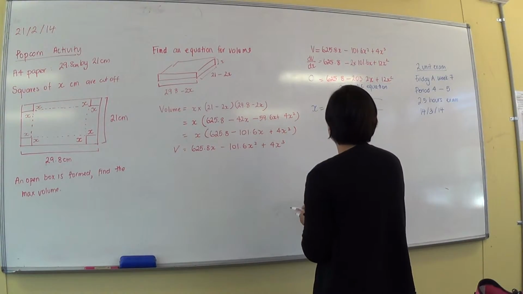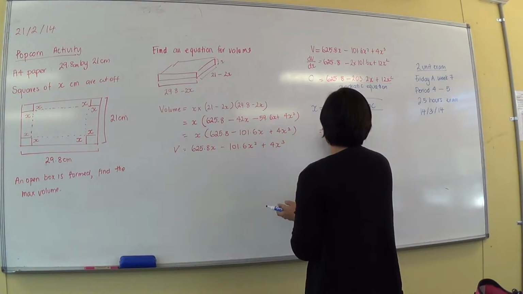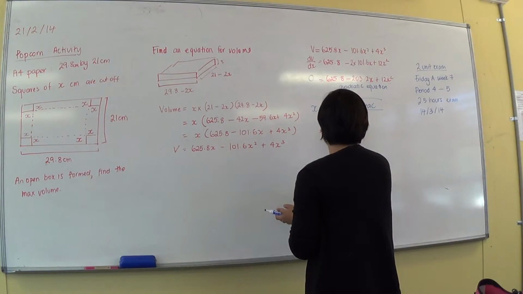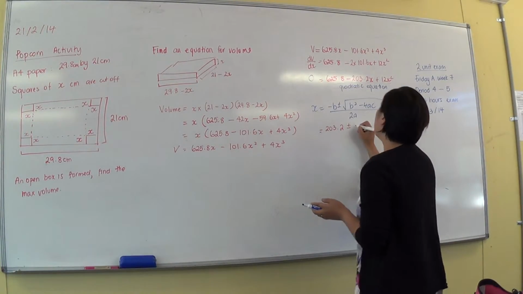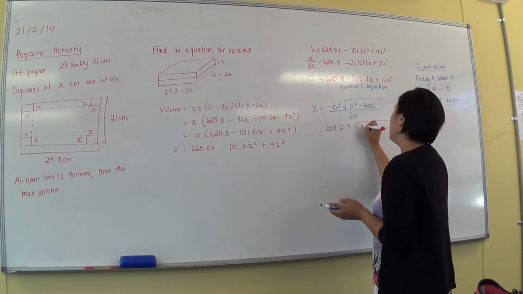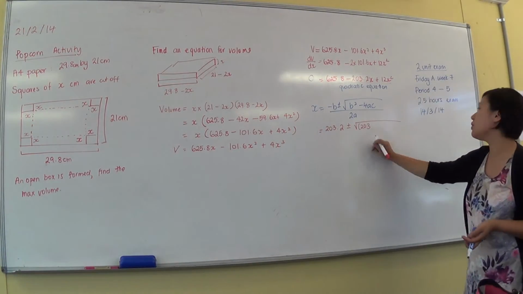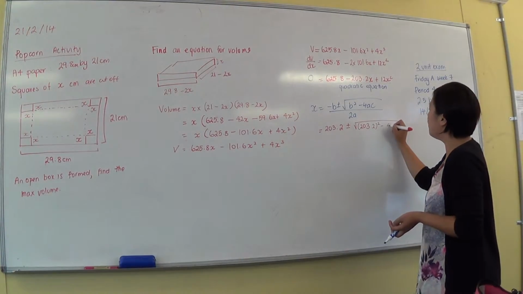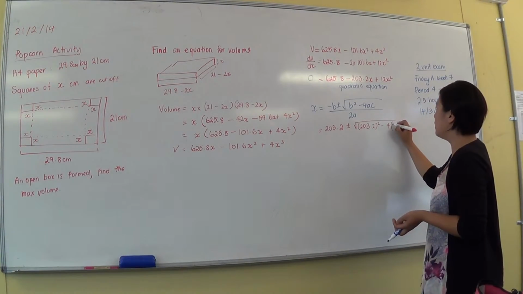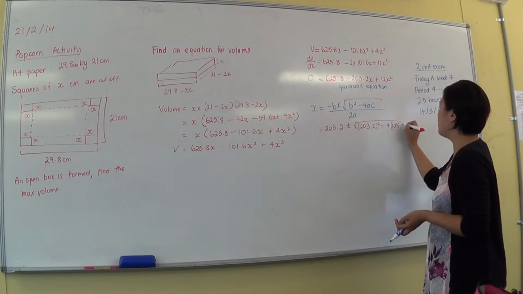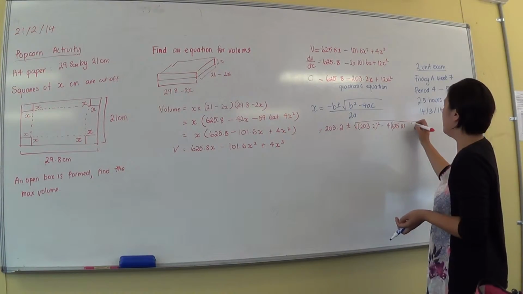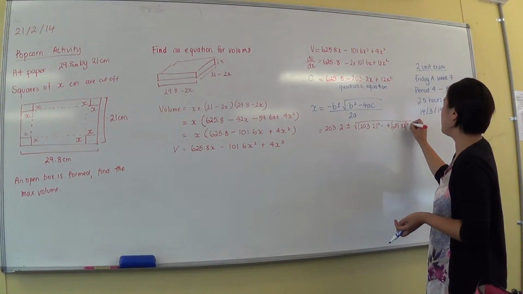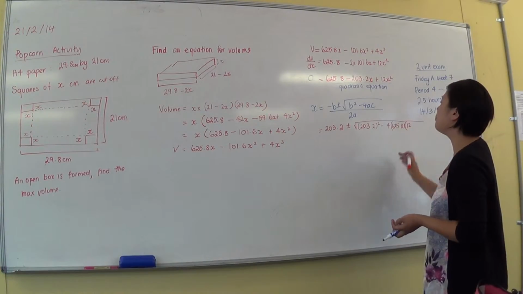Okay, so I'm substituting b for 203.2, plus minus, and b squared is 203.2 all squared, minus 4 times a times c, which is just 12. Nope, I did this wrong.